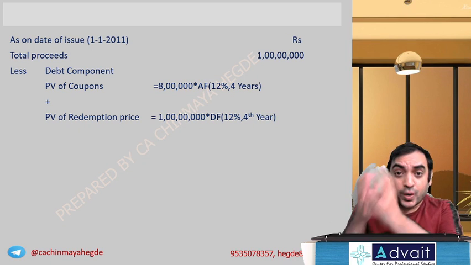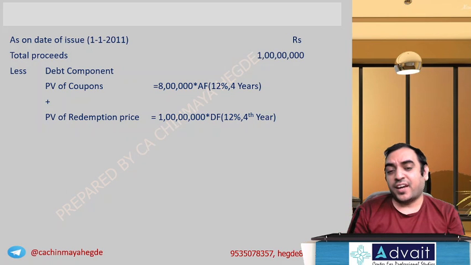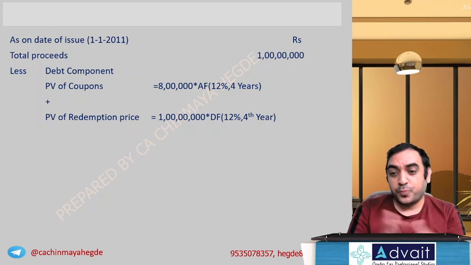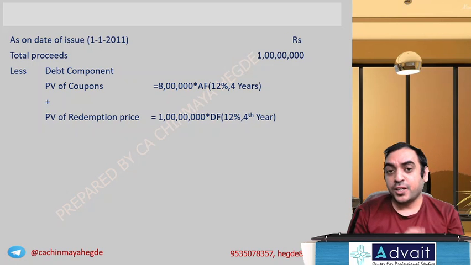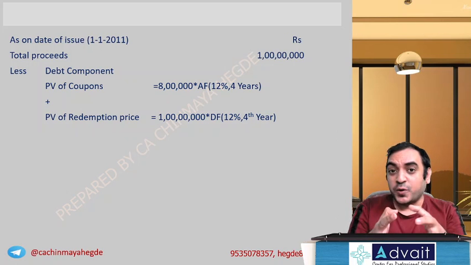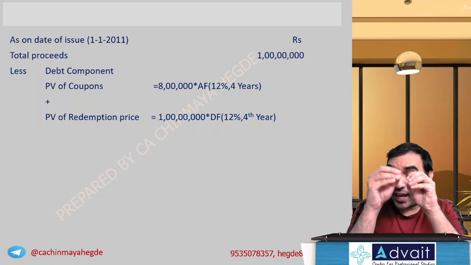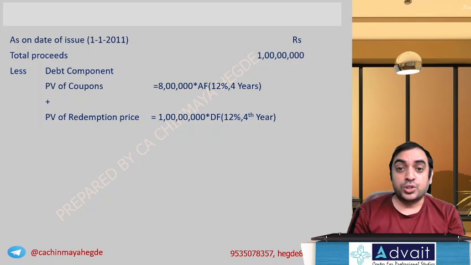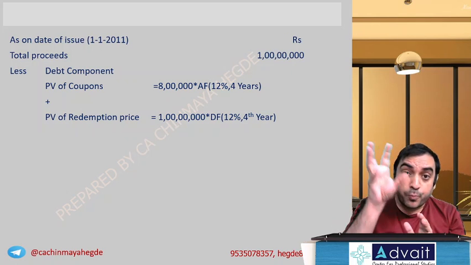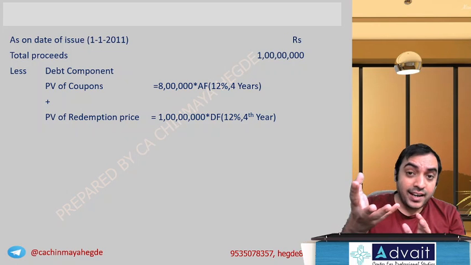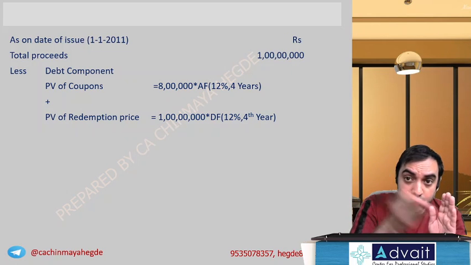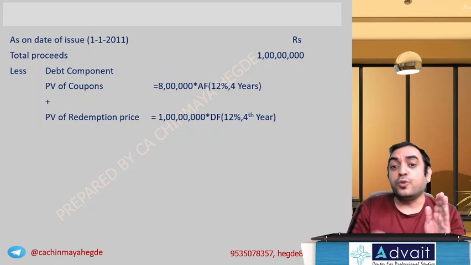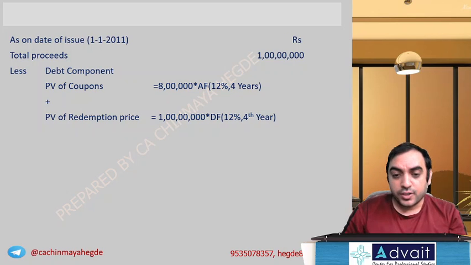A redemption price is one time, so I'm applying the discounting factor, PVIF, present value interest factor. For many years where the cash flow is the same, we use the annuity factor. Ultimately, both will convert the future value into present value. Okay, let's see how much it gets.